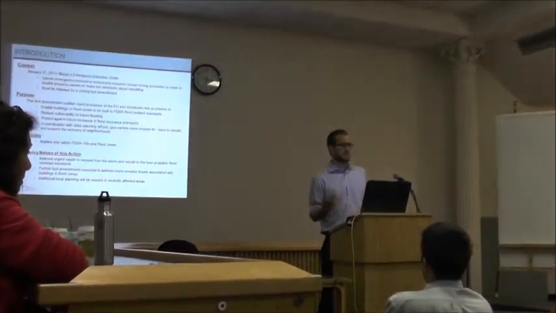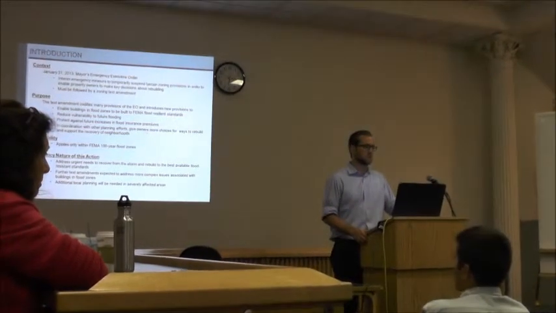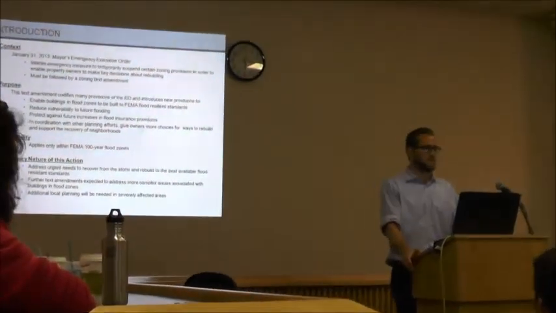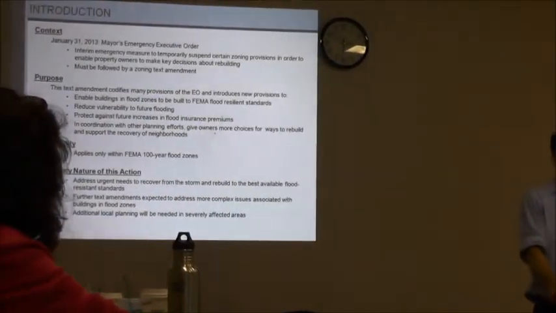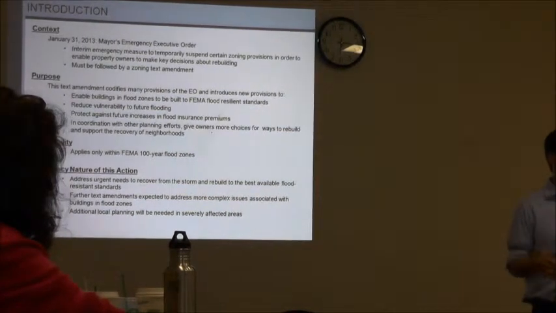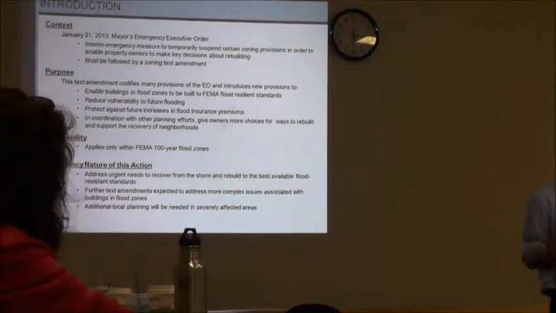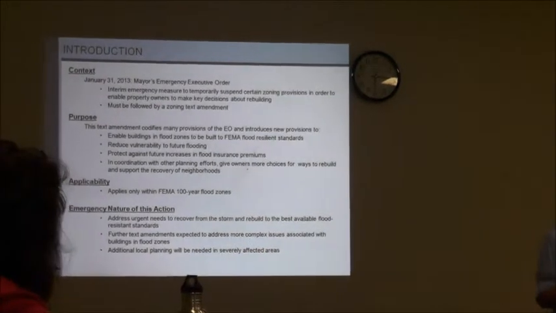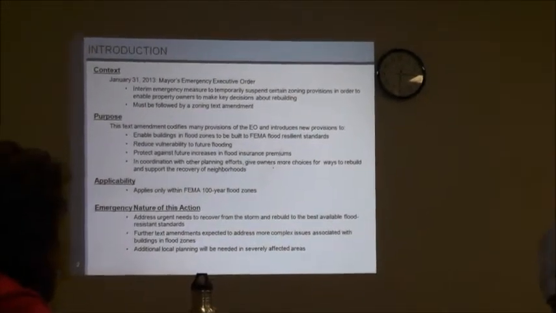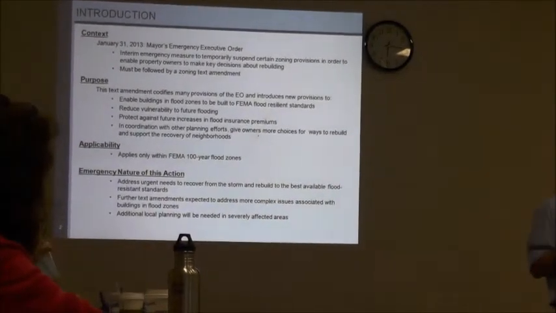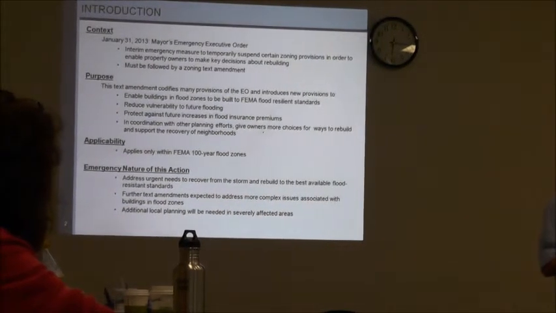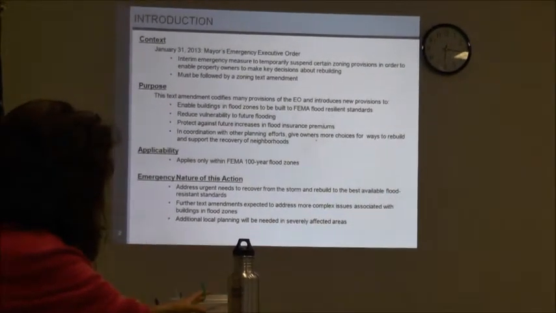Following that, the city took as quickly as they could and implemented a new text amendment to our zoning resolution that codified the executive order, but also hopefully went a step further in addressing some of these very odd circumstances. Most of our buildings, as Joe mentioned, were built prior to 1983. They're in no way made for flood zones at all.